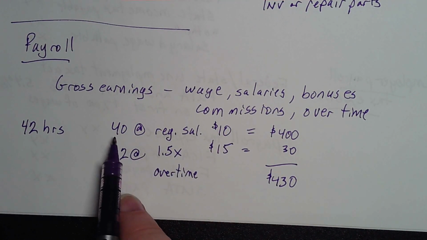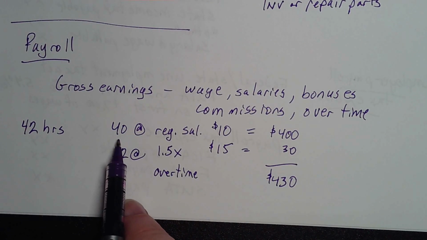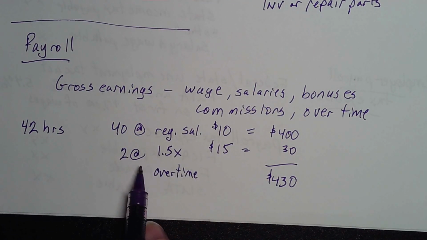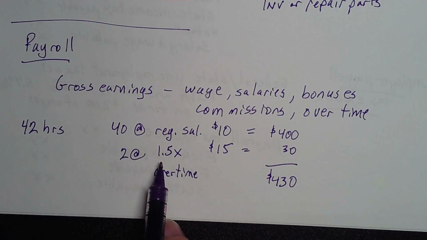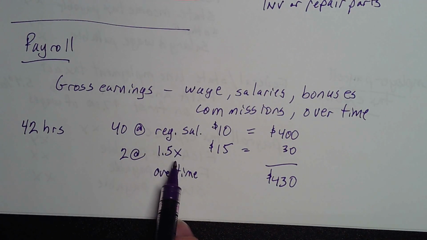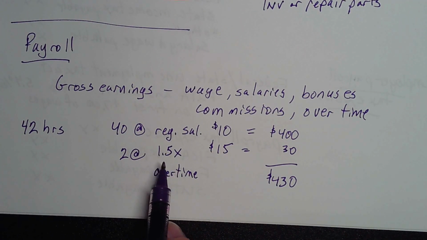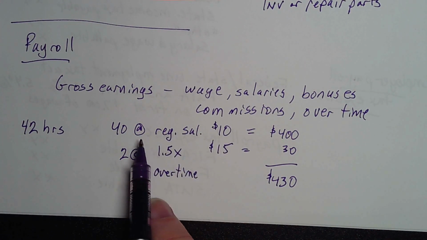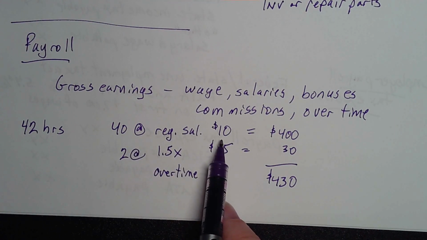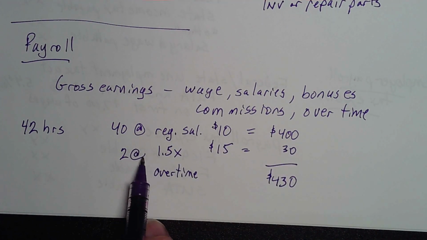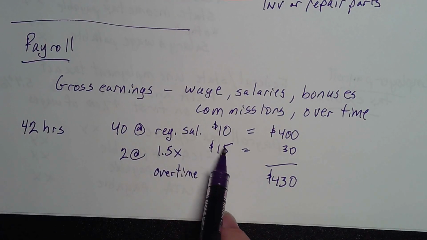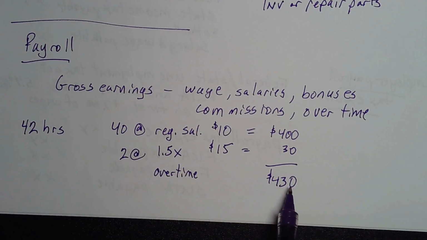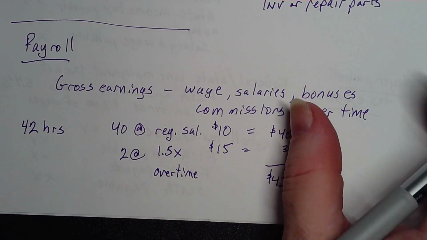So whoever worked 40 hours at the regular salary. And then, like most places, let's say this person gets time and a half for overtime. So we would split it apart. The 40 hours at the regular salary of $10 is $400. 2 hours of overtime, time and a half, which is 1.5 times this, or $15, or $30. So their total gross earnings would be $430.